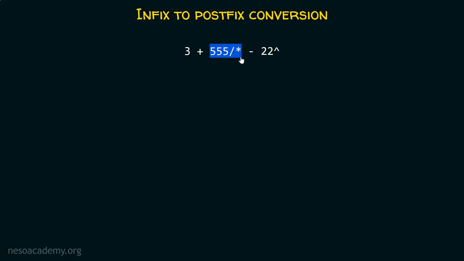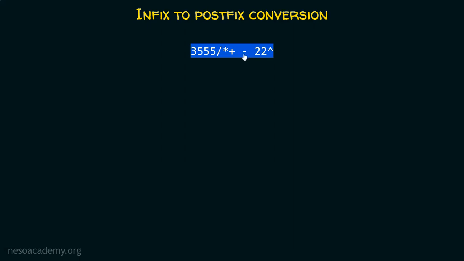Isn't that simple? After this, we have to convert this expression to its equivalent postfix form. Here, definitely this plus operator will come after this. Therefore, this becomes 3, 5, 5, 5, divide, star, plus. Then finally, we will convert this whole expression to its equivalent postfix form. This is the first operand and this is the second operand and we have a minus sign in between.